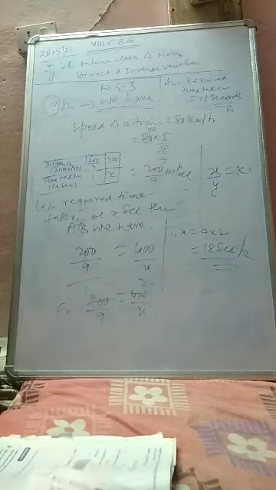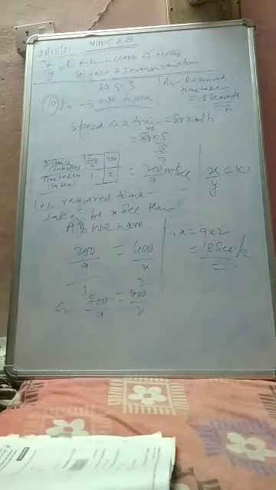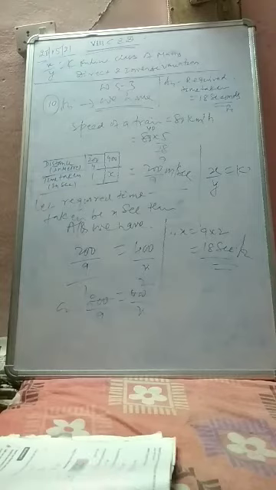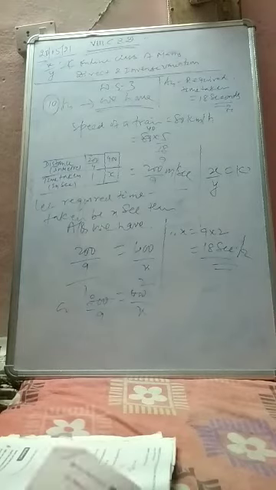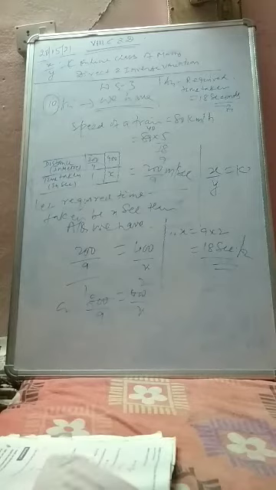It is given in the question that a speed of a train is equal to 80 km per hour. Here a speed of train is given as 80 km per hour. This is equal to 80 into 5 by 18. This will be equal to 200 by 9 meter per second. After that, you have to evaluate the required time taken to complete 400 meters distance.